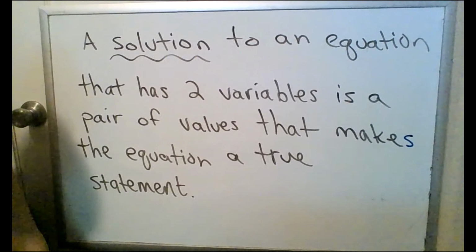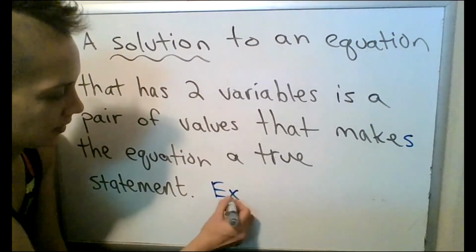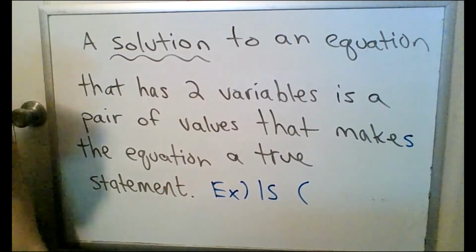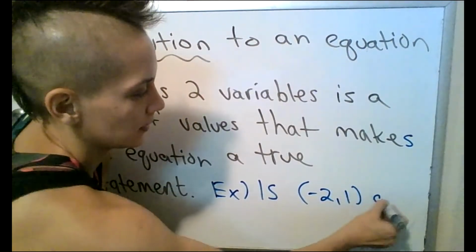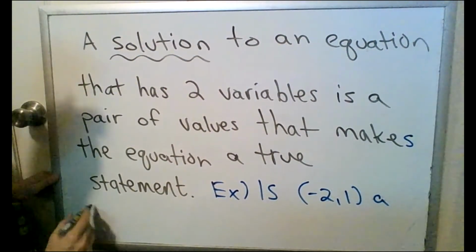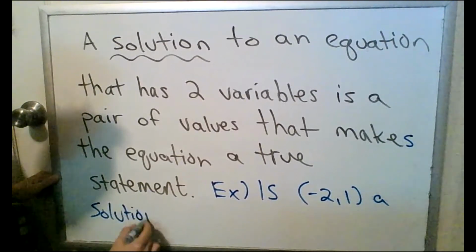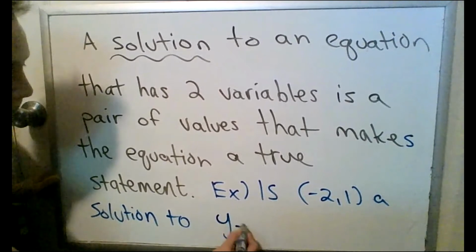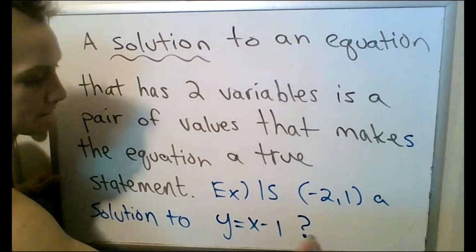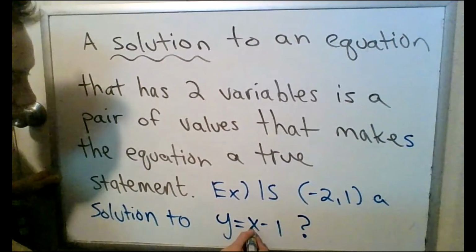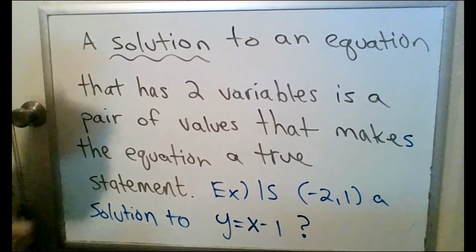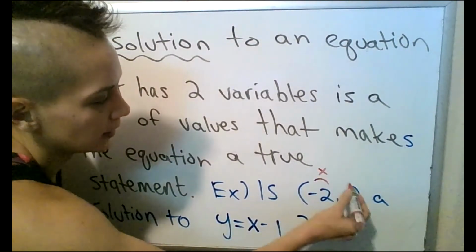Okay, first one: is the point -2, 1 a solution to the equation y equal to x minus 1? So you're putting in -2 for x and 1 for y.